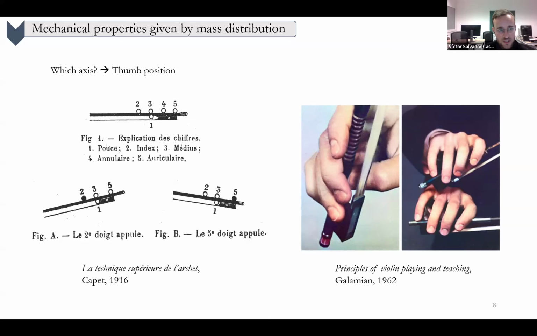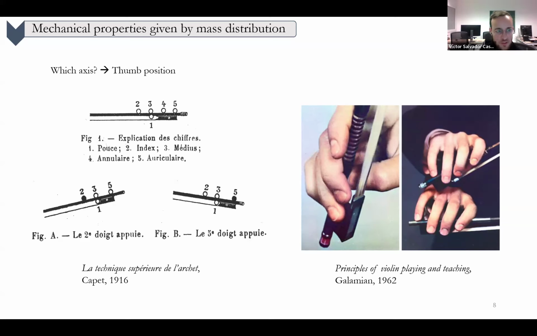Here I have different pictures of how the bow is held, and how this vertical rotation of the bow is made with a balance of both the little finger to lift the bow from the strings, and the index finger to press the bow on the string. So this vertical rotation is made around the axis that passes through the position of the thumb. So this is the axis about which we are going to calculate the moment of inertia.